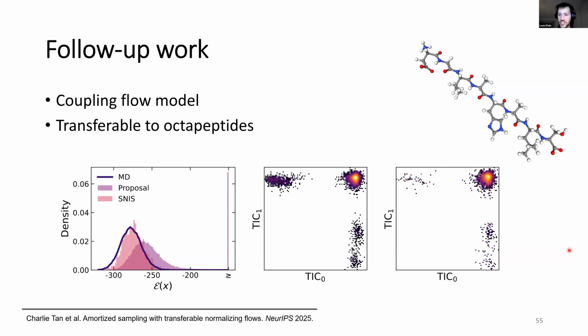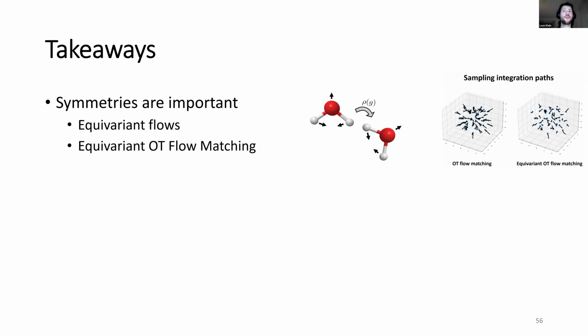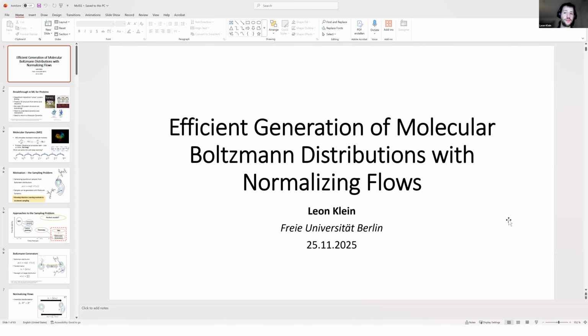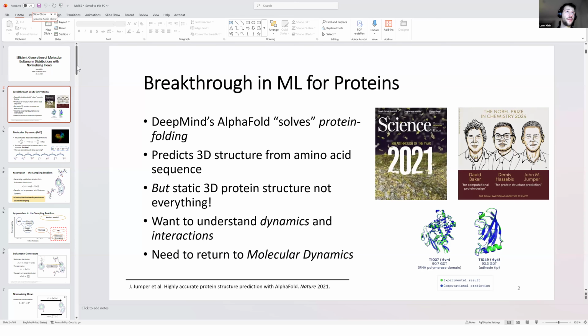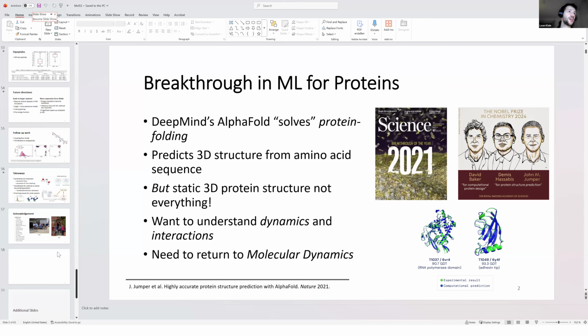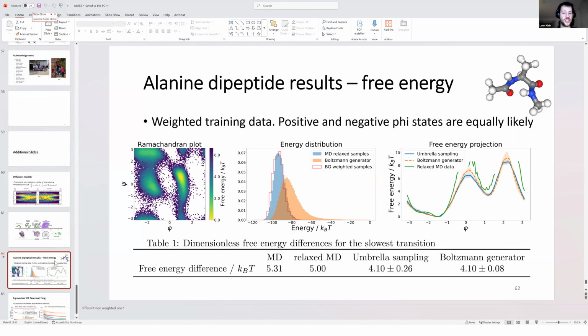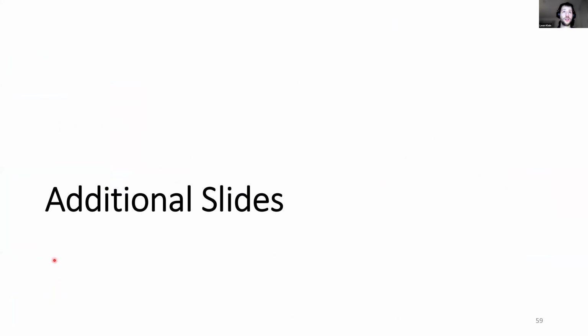There's also another question in the chat about rare event sampling. So maybe I'll show one example I have. For alanine dipeptide, it's a very simple example.